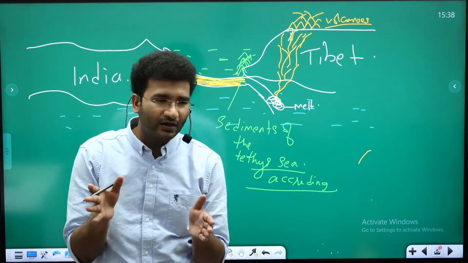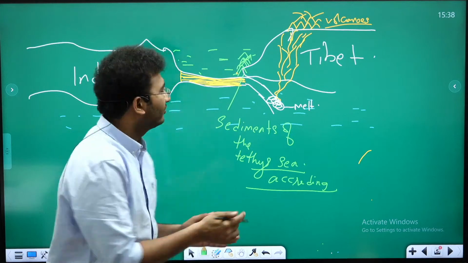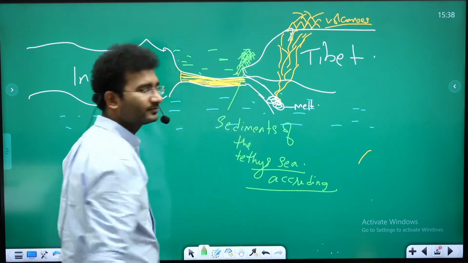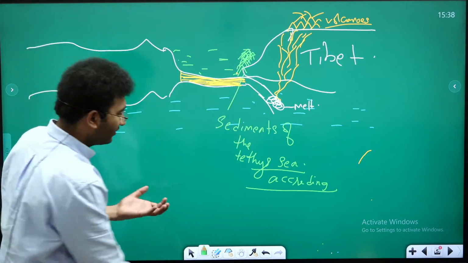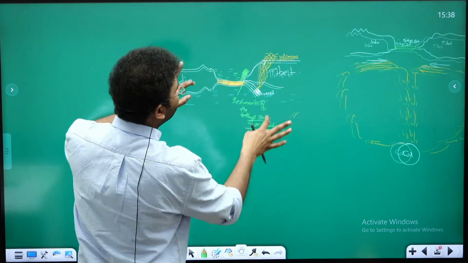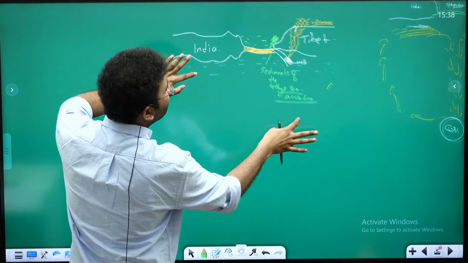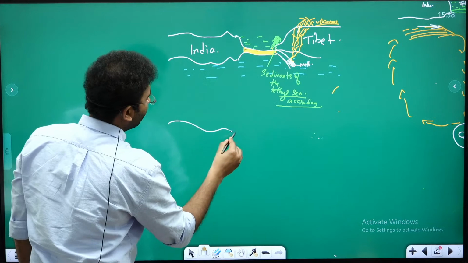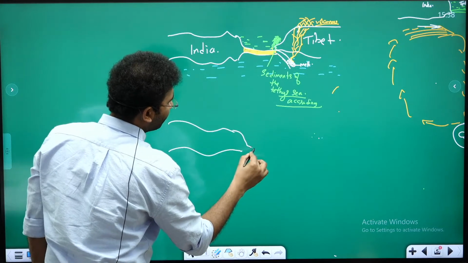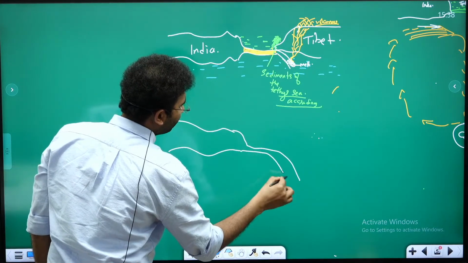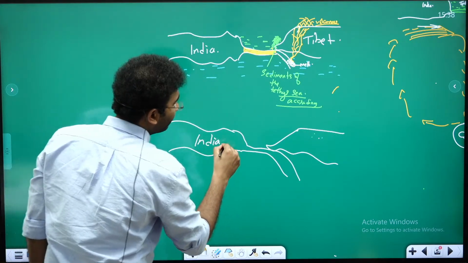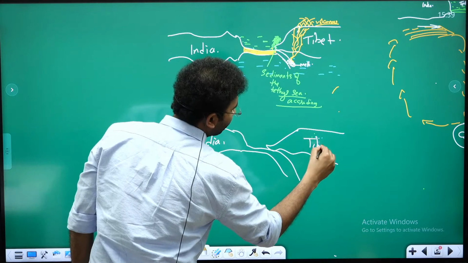When they start to accrete, here you will slowly start to see the rise of the material. And little later, let us see the same thing after a few millions of years. After a few millions of years, here the Indian plate, and then you have completely India, and then you have Tibet.